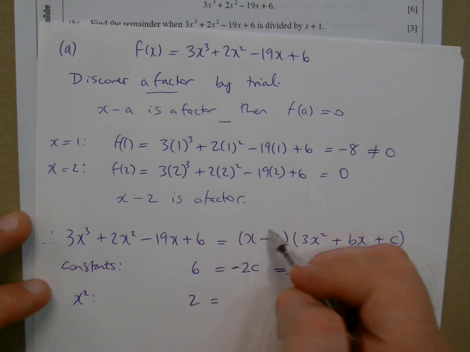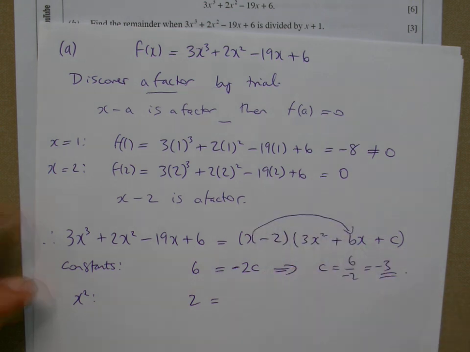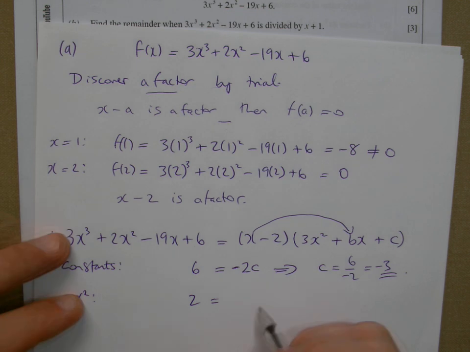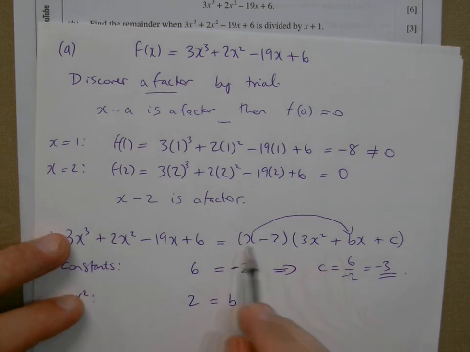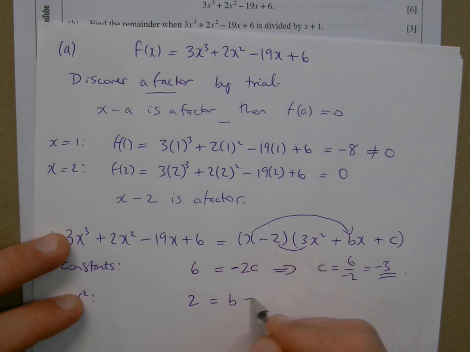So when I multiply these out, if I multiply that by that, that will give me bx squared. I'll have a b in front of the x squared. And then when I get the x squared from here, I'd have to multiply these two, wouldn't I? So minus 2 times 3 is minus 6. So I've got bx squared minus 6x squared.